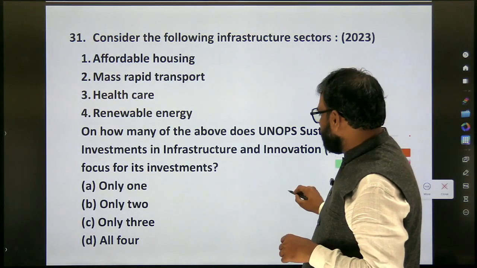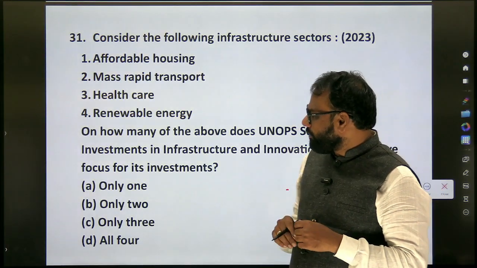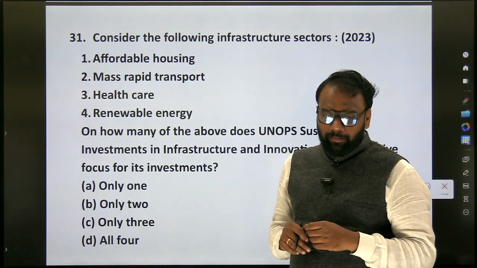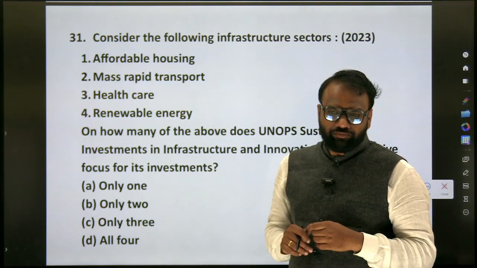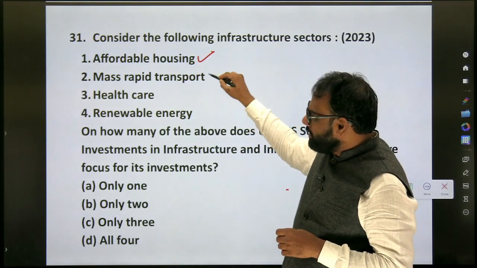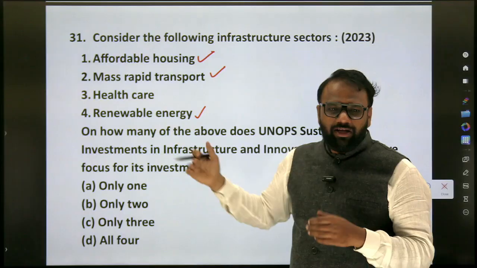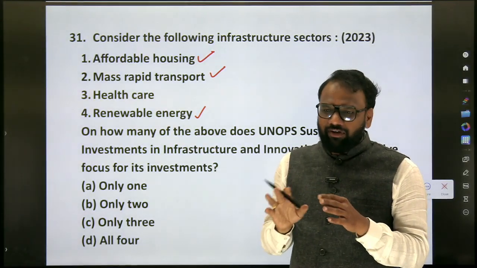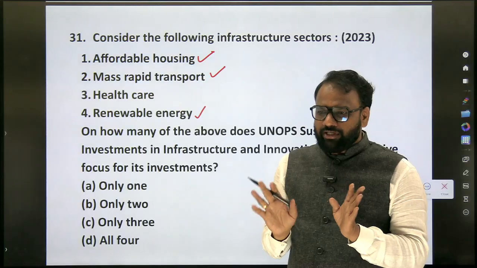Only 3 I guess, but which 3 I don't know. Affordable housing, mass rapid, renewable energy, right? So just prepare the previous year. Similar kind of questions are going to appear. When we completely don't have any idea, what we are going to do? We are going to skip that question.